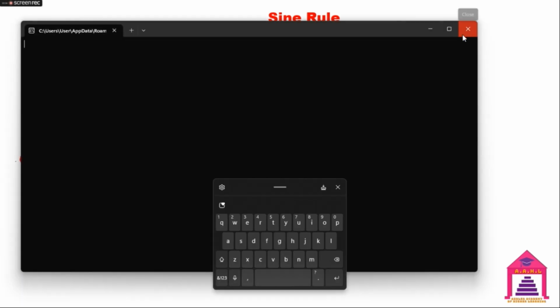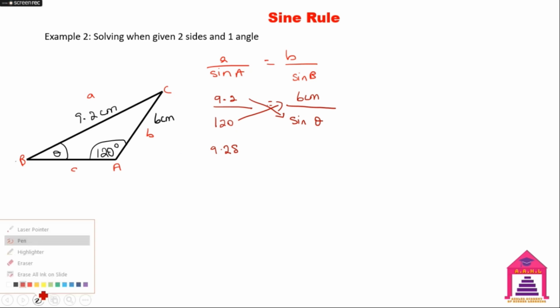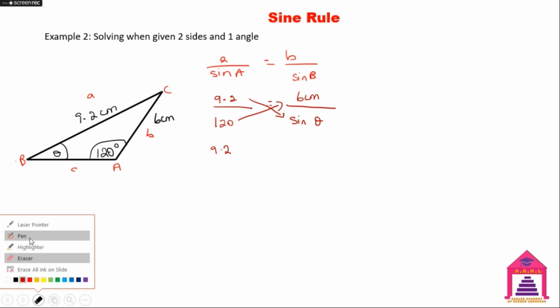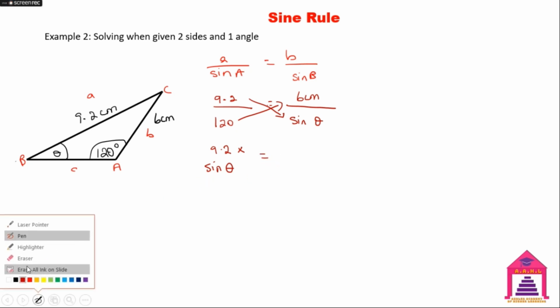We're looking for this angle here. What we're going to do is cross multiply again. So I got 9.2 multiplied by sine theta. Alright, that's better.